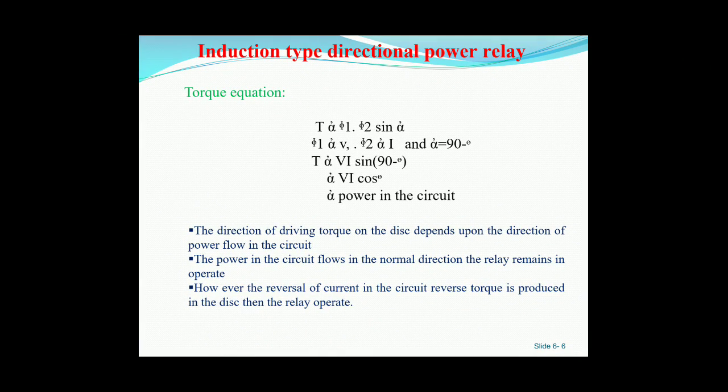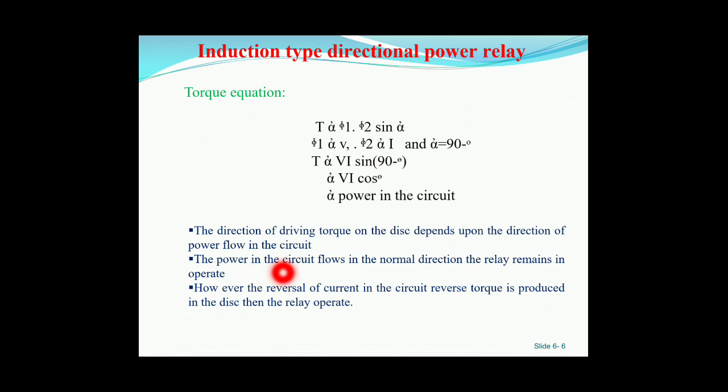The direction of the driving torque on the disc depends upon the direction of power flow in the circuit. By using this equation, the torque direction depends upon the power in the circuit. When the power in the circuit flows in the normal direction, the relay remains inoperative.